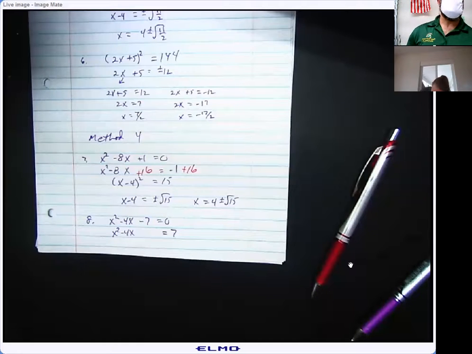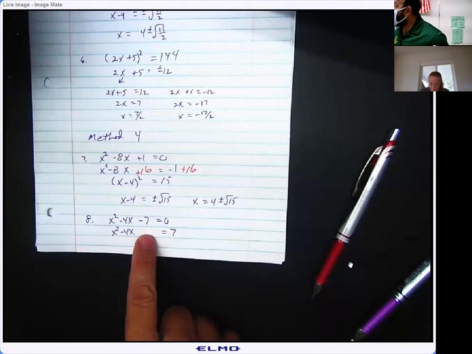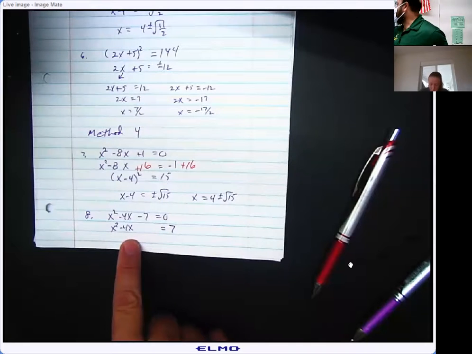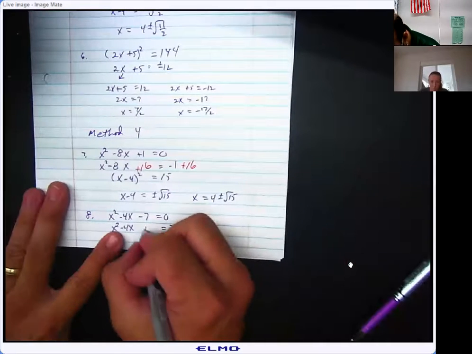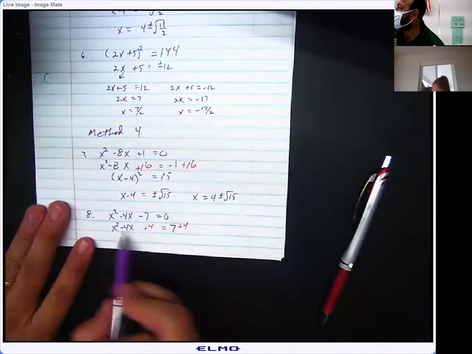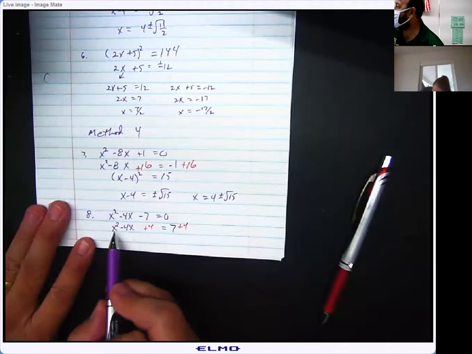Good. D, you already got it? Nice. D, what did you put right here? 4. Perfect. You cut -4 in half, you got -2. You squared, you got 4. Big deal. Boom. 4 and 4, right? So, what does that make this thing right here? What is x squared minus 4x plus 4?